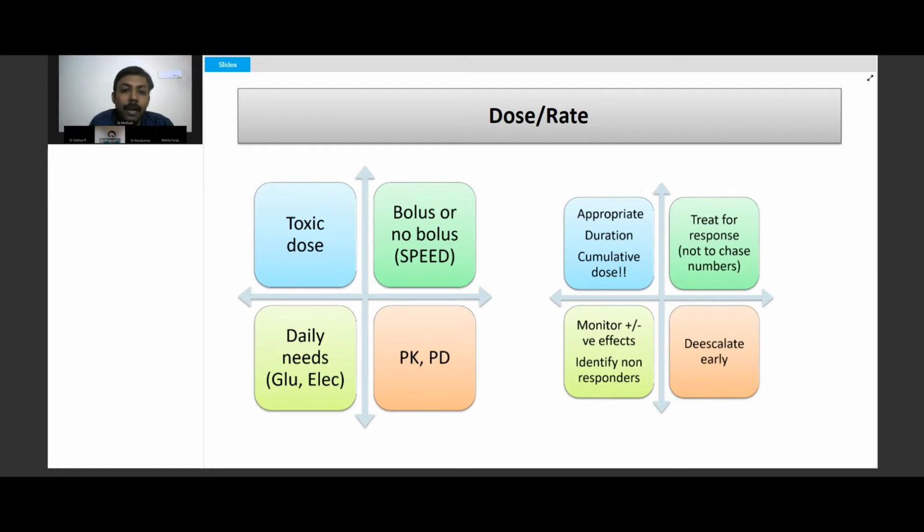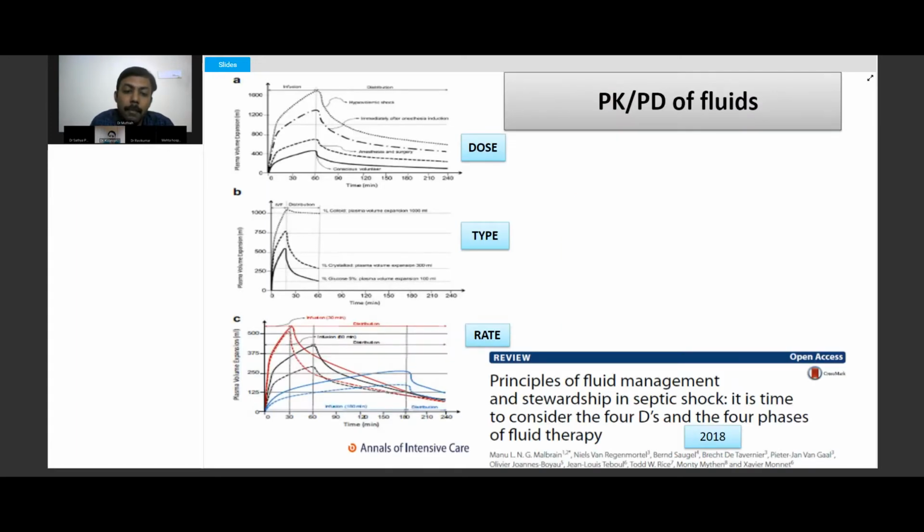This is an important slide from Hahn et al., their work on the pharmacokinetics and dynamics of fluids. The first, top one tells us how the fluid behaves differently in different disease states. The same 2 liters of Ringer's lactate was given in all these patients. The topmost one is hypovolemic shock.